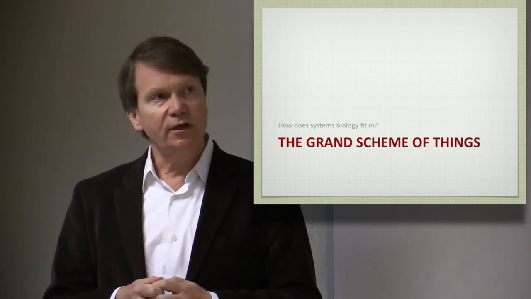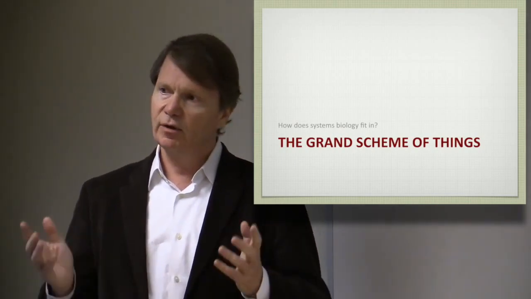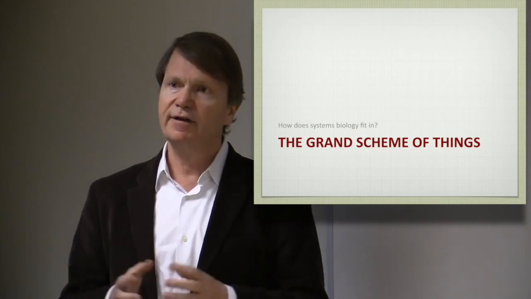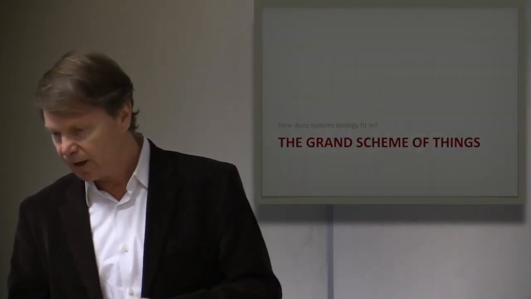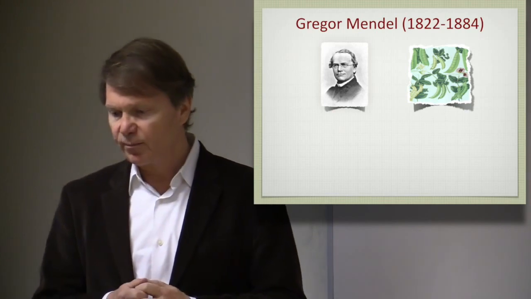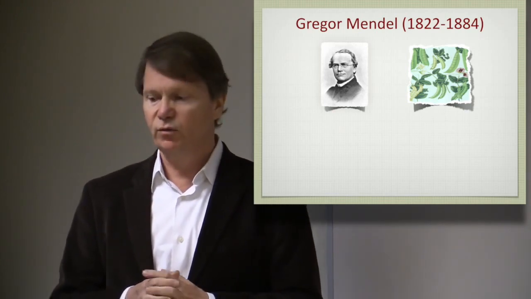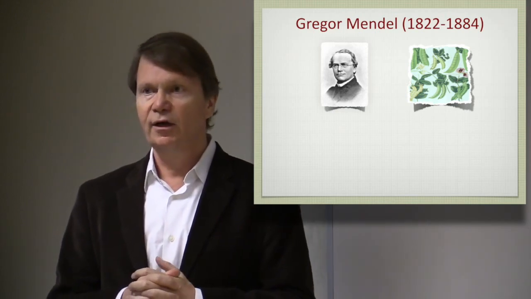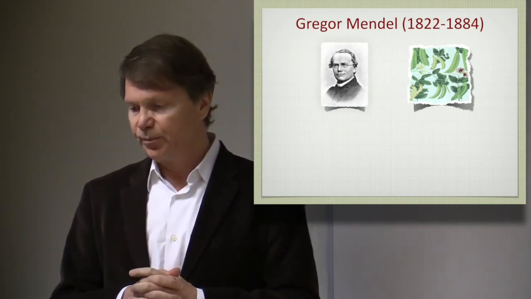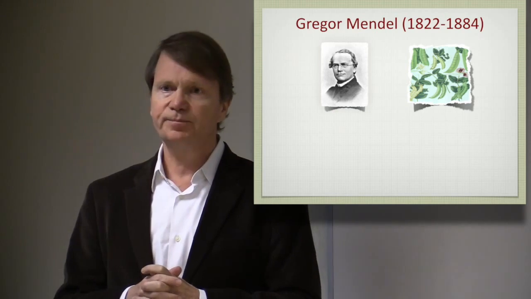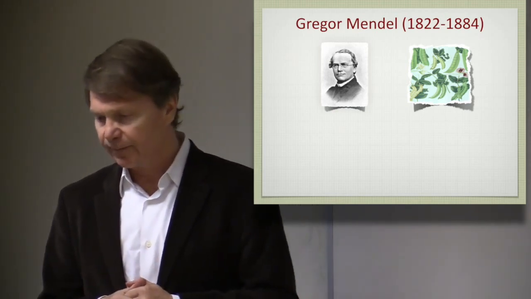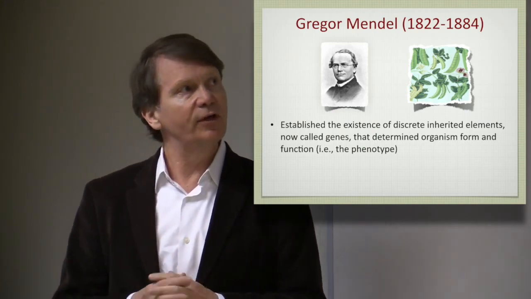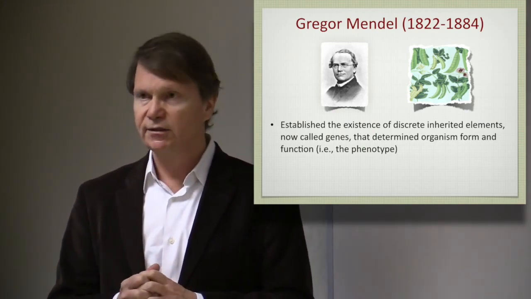Okay, so we'll start then with the grand scheme of things. Think about life sciences broadly and where systems biology fits into the life sciences. And since we want to take a broad point of view, I'm going to start by talking about this gentleman here that all of you know, Gregor Mendel, who studied breeding of plants and was mixing plants together and studying the progeny of such mixes, and came up with the basic laws of genetics.